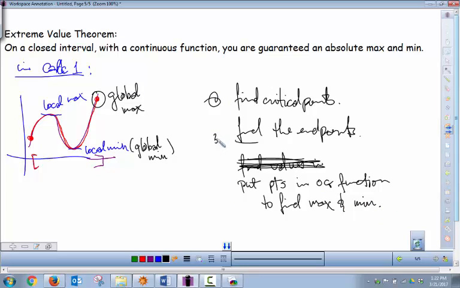So simple three-step process, and whatever the largest and smallest values are going to be the global max and mins.